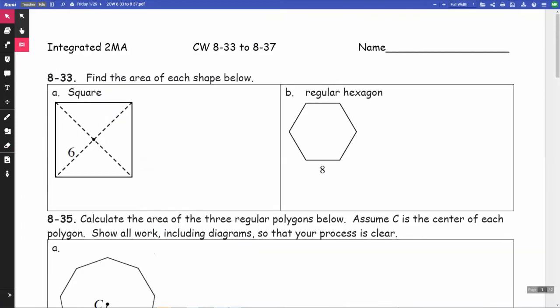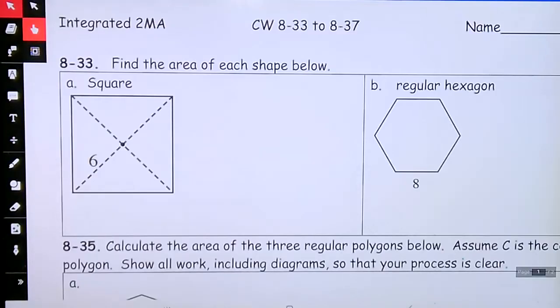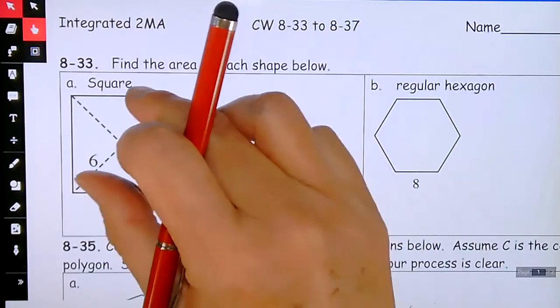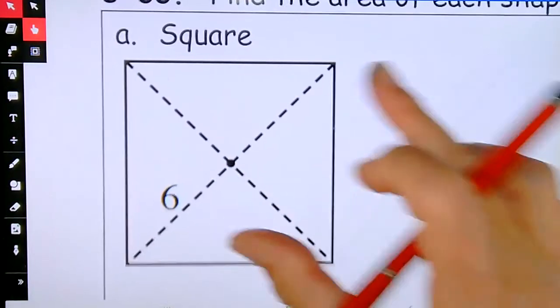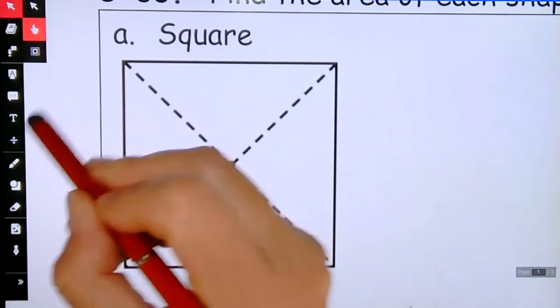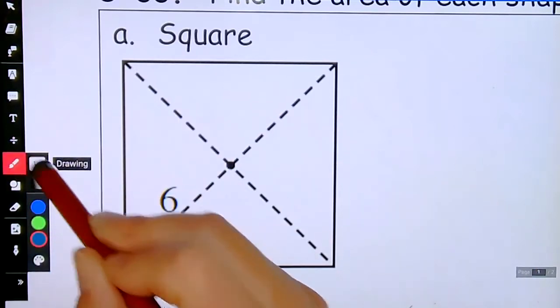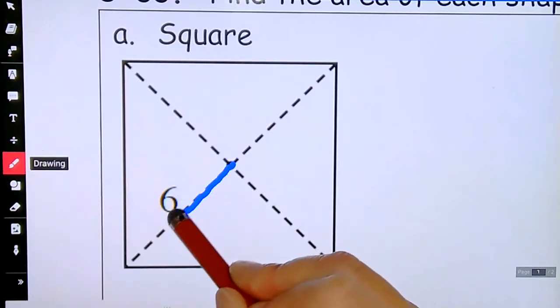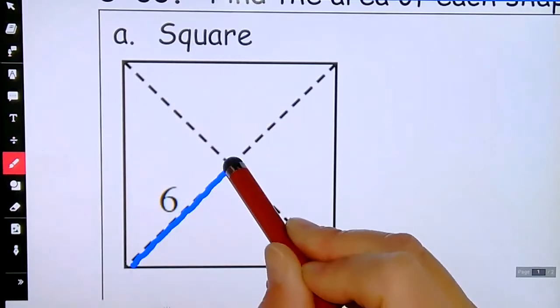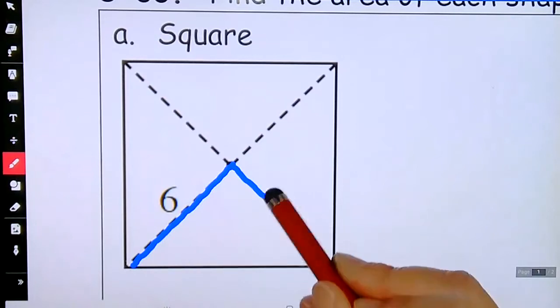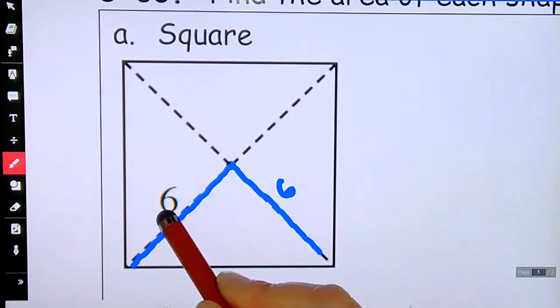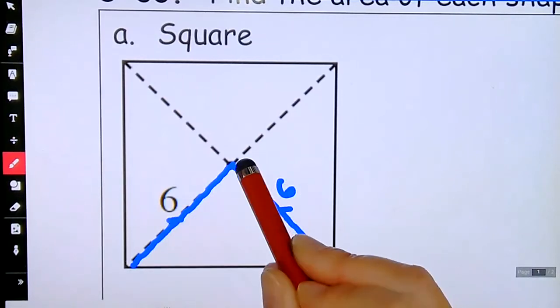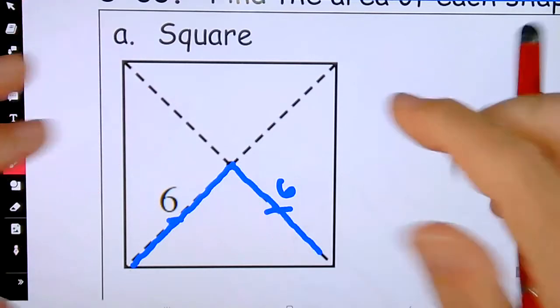So let me start. Okay, so on this first one, on the square, I know that this is 6. I also know that this is going to be 6 because this is going to be isosceles because it's coming from the center of a regular polygon.